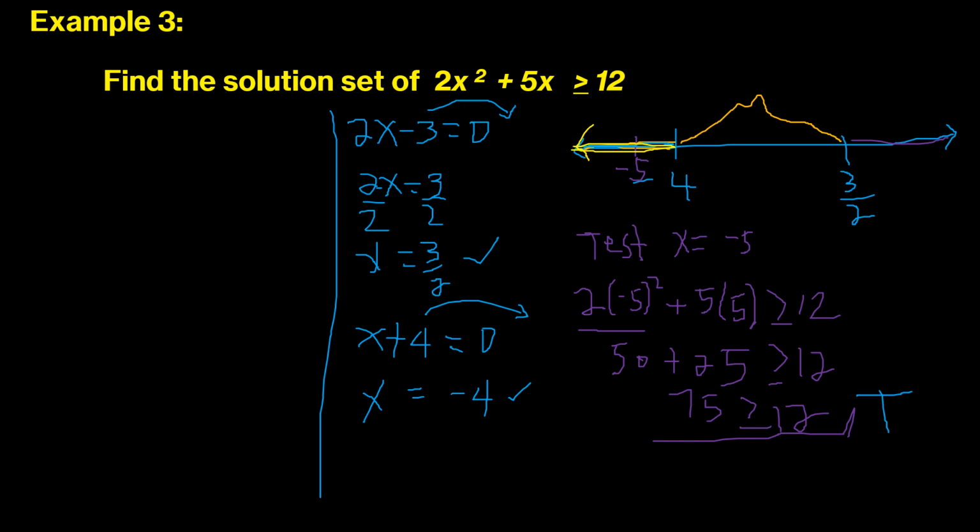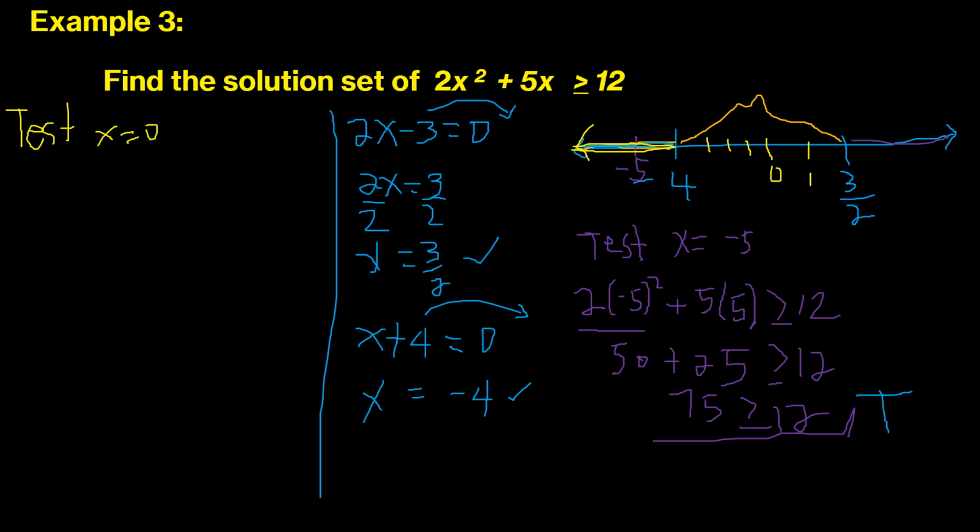Between -4 and +3 halves, there's -3, -2, -1, 0. And 3 halves is 1.5 or 1 and 1 half, so of course there's also 1 here. Now, we may use 0 for convenience as our test point. So let's use x equals 0.